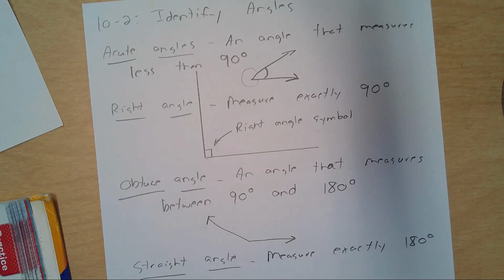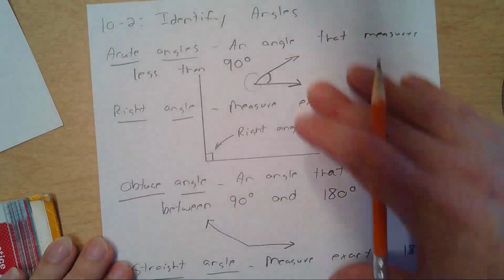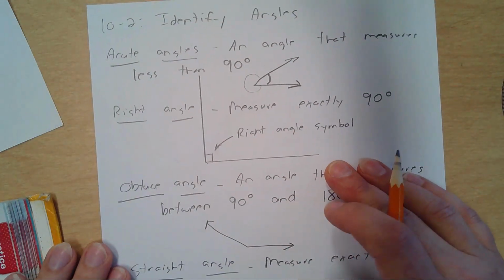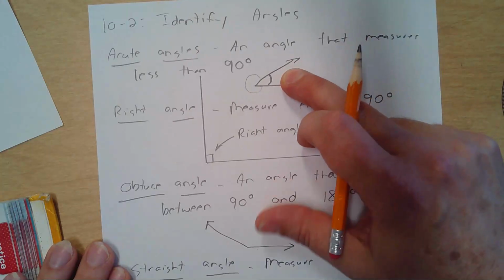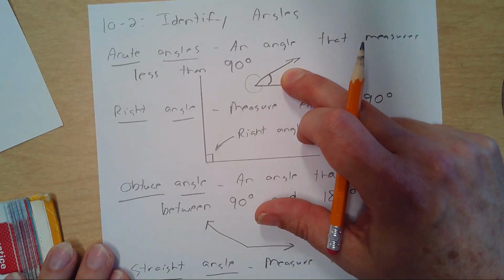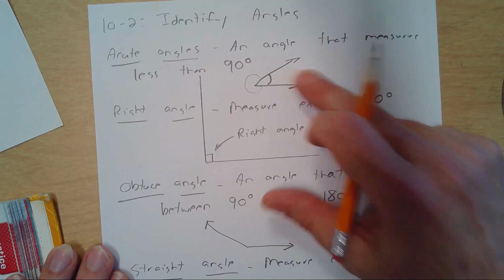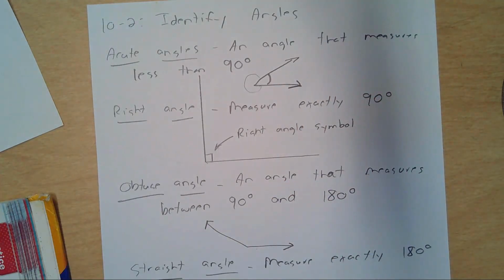True, but you can only measure these angles here. To find the reflex angle, you would measure this angle and then subtract from 360. We'll cover that concept in later years, but that's the fifth type of angle that's out there, the reflex angle. But that's all I'm going to say about that for now.